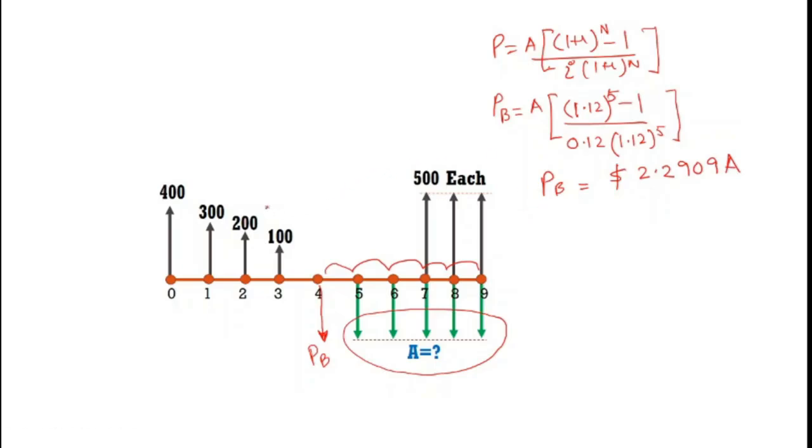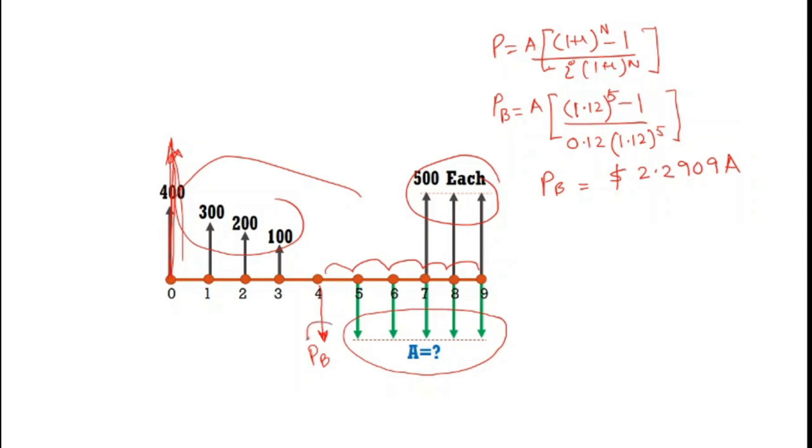But in the previous section, we calculated the equivalence of all these transactions at this point of time. We have already discussed that the value should be the same at the same point of time in order to have equivalence of the two cash flows.